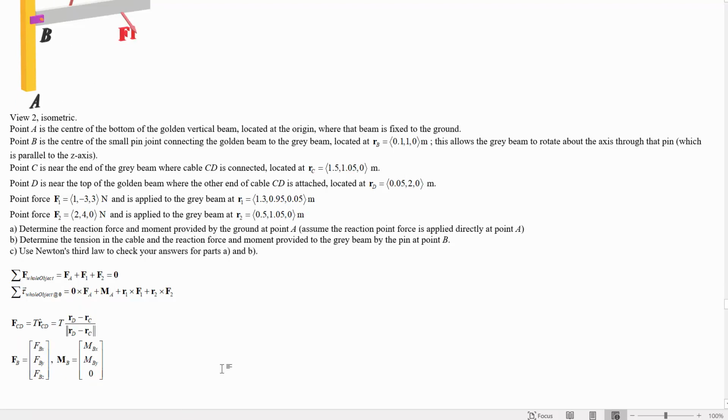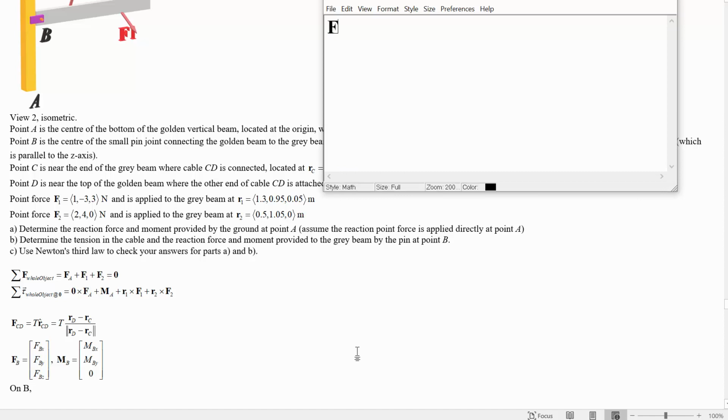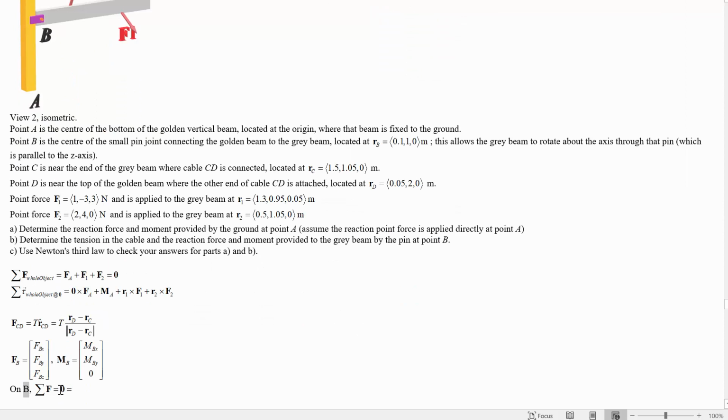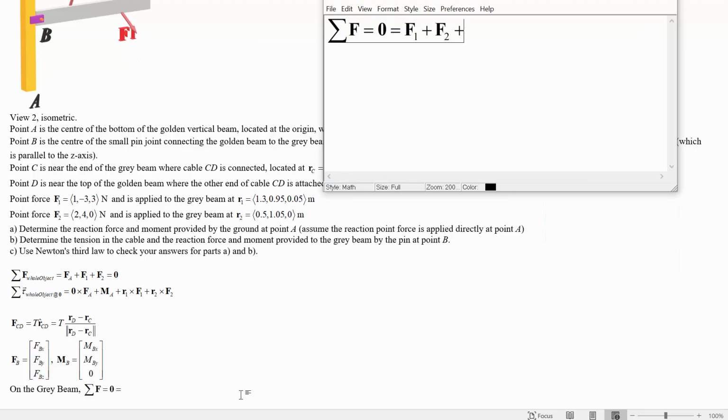All right, now we're in a position to again use Newton's second law. On the gray beam, we'll have that the sum of the forces is equal to 0, which is equal to F1 plus F2. Those are both acting on the gray beam. Oh, I said on B. I meant on the gray beam. On the gray beam, sure, title case, why not?